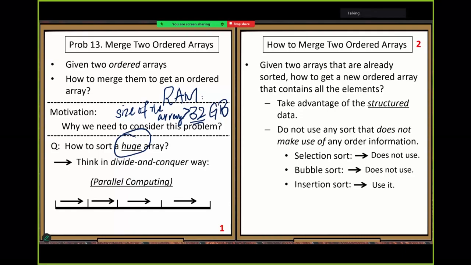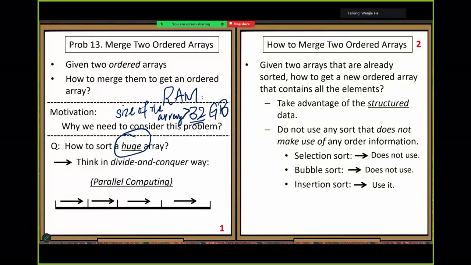So we can see in insertion sort, we take advantage of the order information, quite a lot. So that tells you we should borrow our experience from insertion sort here to solve this basic problem.